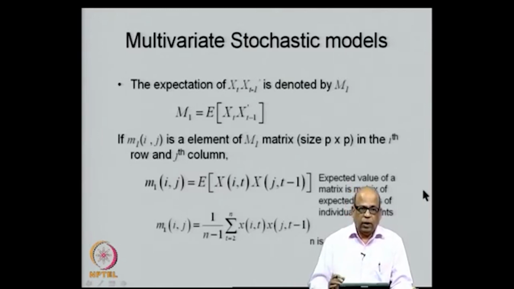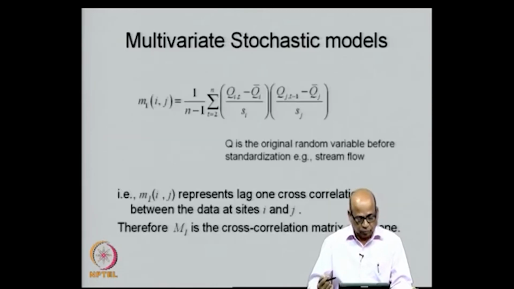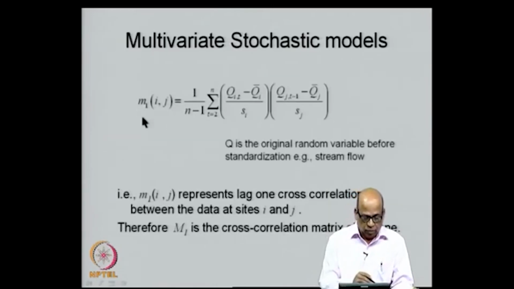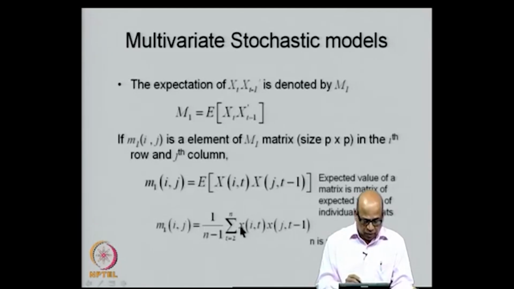Now, once we define M 0 and M 1, we will go back to our original expression, where we wrote x t plus 1 equals a x t plus b epsilon t plus 1, and see how we can determine a and b using M 0 and M 1. So, this is M 1. The way I wrote it here, these are the standardized flows.